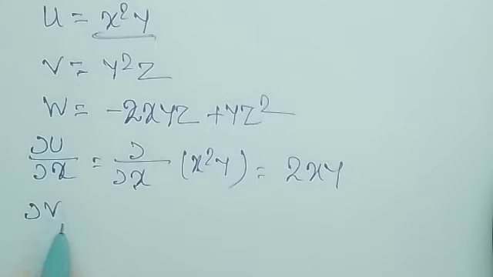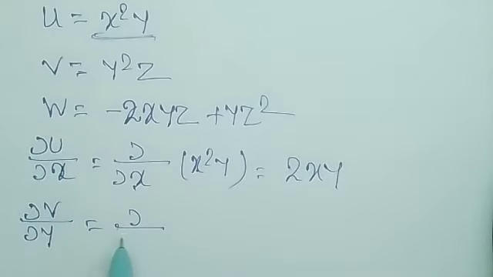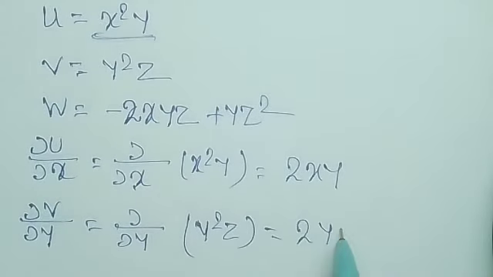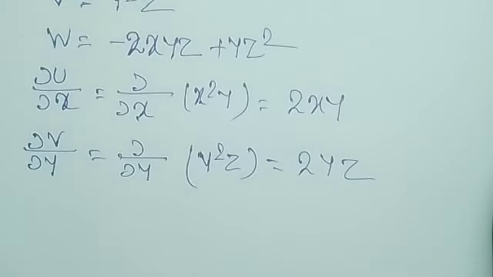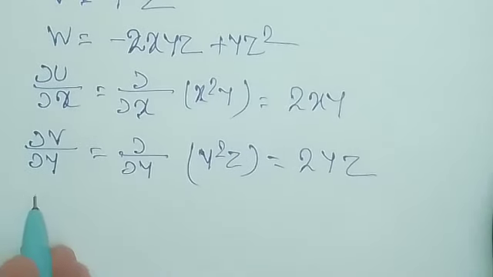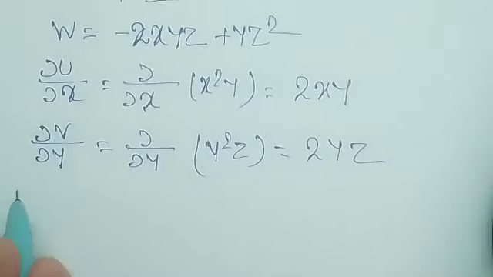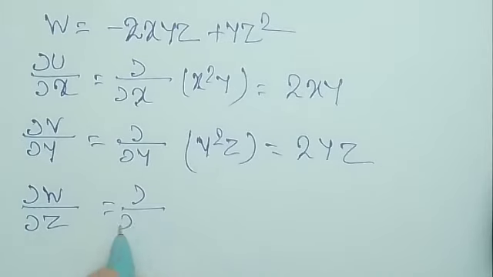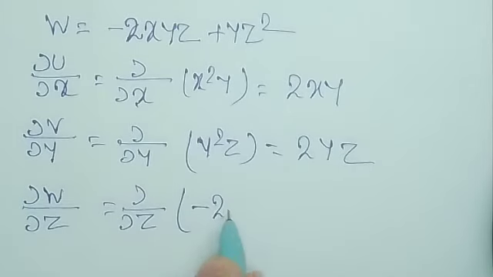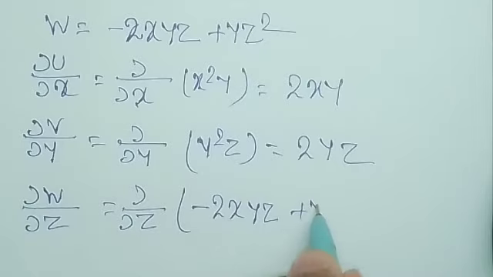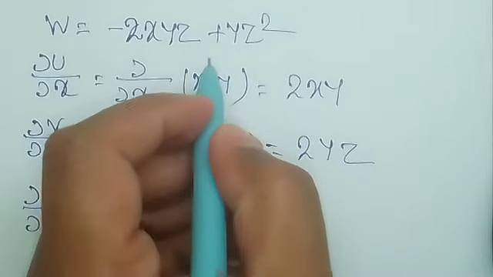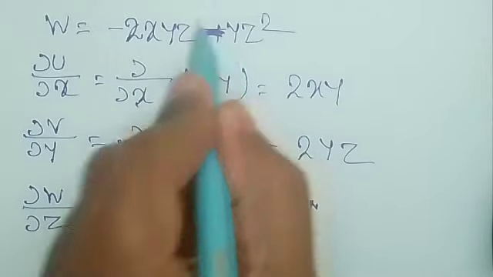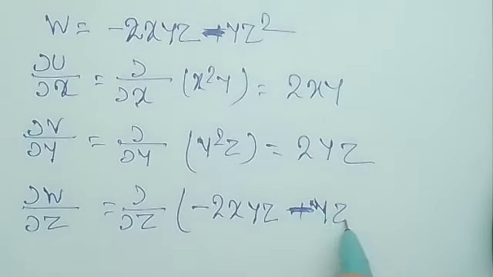And again, dou v by dou y is equal to what? Dou by dou y of v, which is y square z, so it is 2yz, right? Then finally we have dou w by dou z, which is dou by dou z of minus 2xyz plus, oh sorry, this is minus only, I'm very sorry, make a correction, minus yz square.